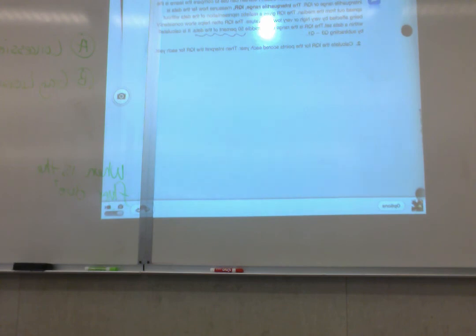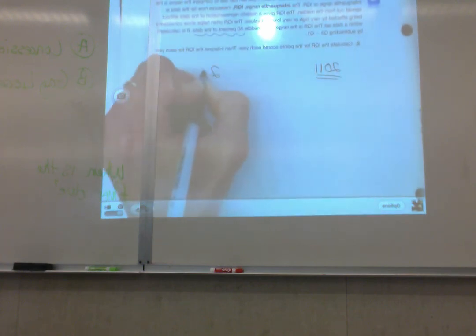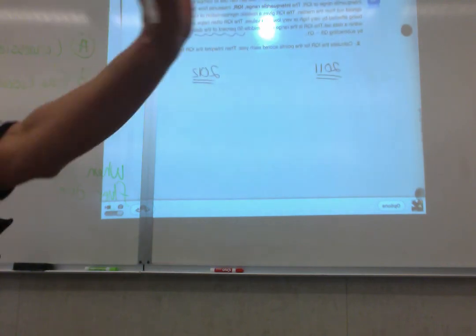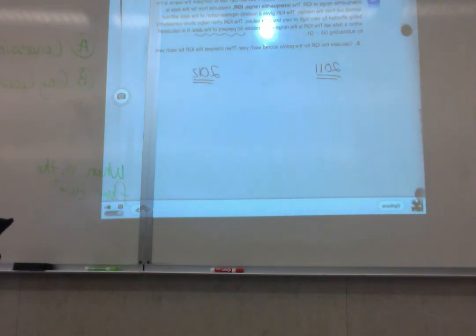Calculate the IQR for points each year. So 2011, 2012. Okay, we're looking at that middle part. We're not worried about those outliers, but we're trying to find out how much is the majority, how far apart are we in the majority?